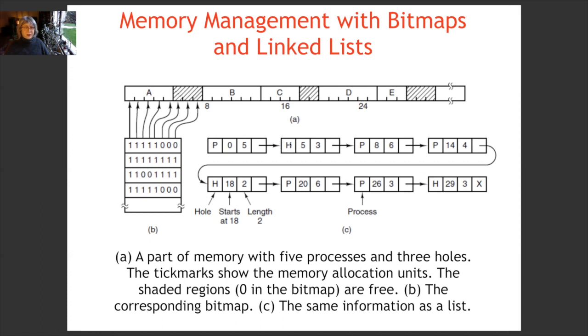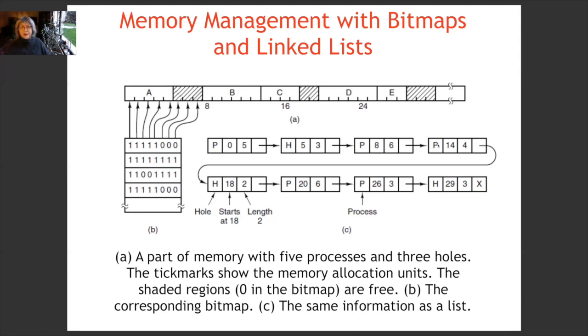This is a free area, and it is starting with address 5 and has length 3. Then there is another unit, and this is saying that there's a process here, starting address 8, and it has 6 units.